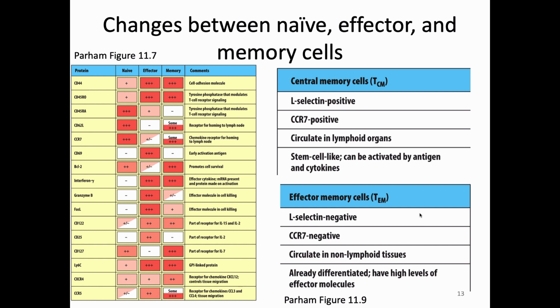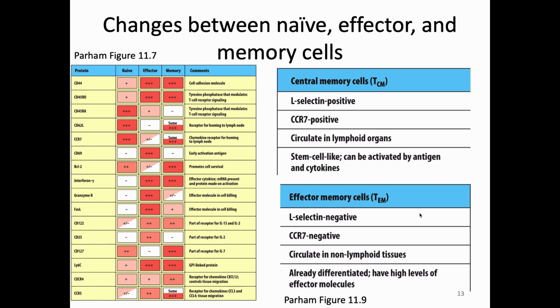And so here we're going to have some changes. We will see more granzyme B, perhaps, than the naive cell, but we won't see the huge maximum amount. The memory cells will also have some special things, like lots of BCL2, which is involved in cell survival, in order to make those cells survive for a very long time.